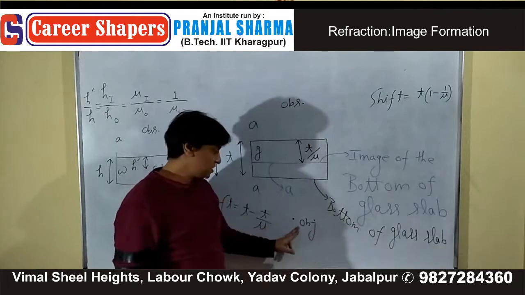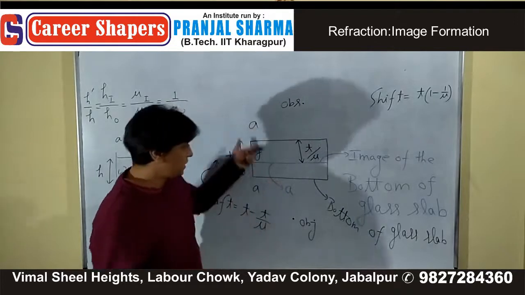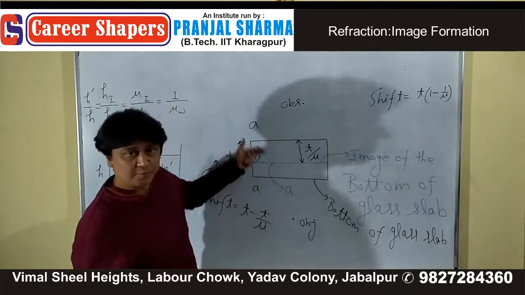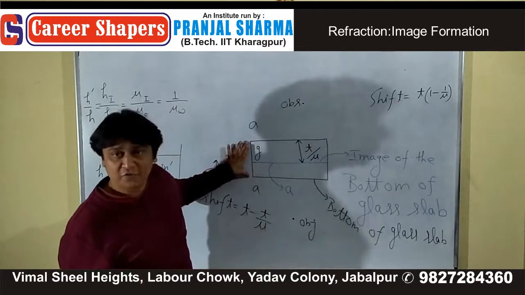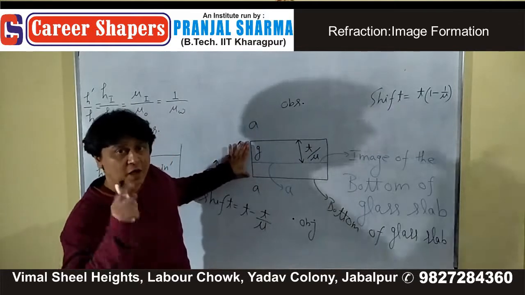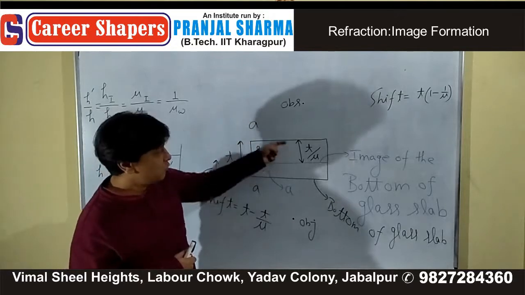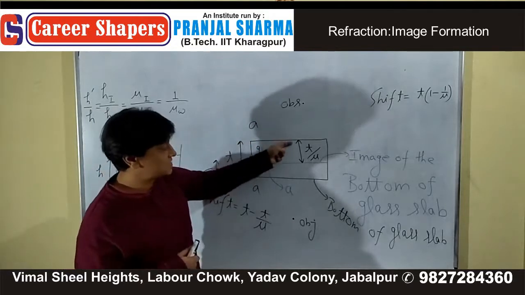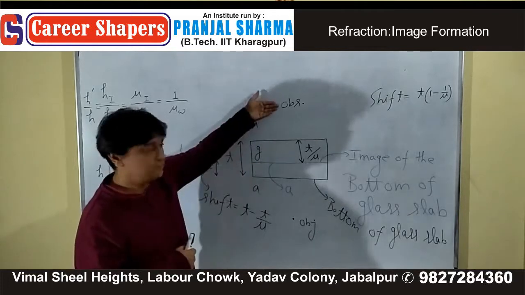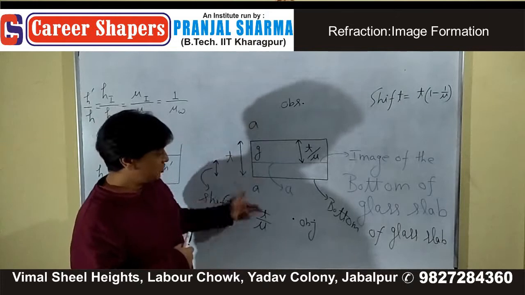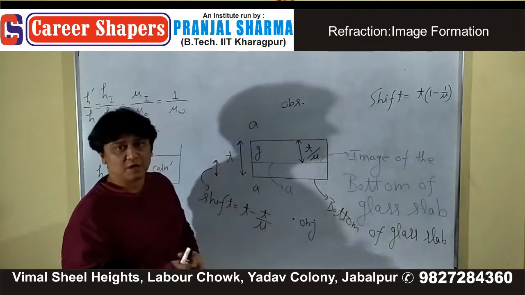Why? Because this thing is already in air. So everything is happening around here with the glass slab. Something of thickness T, a glass slab of thickness T, has been replaced with an air slab of thickness T by mu. Therefore, for him, a shift of T minus T by mu is present.